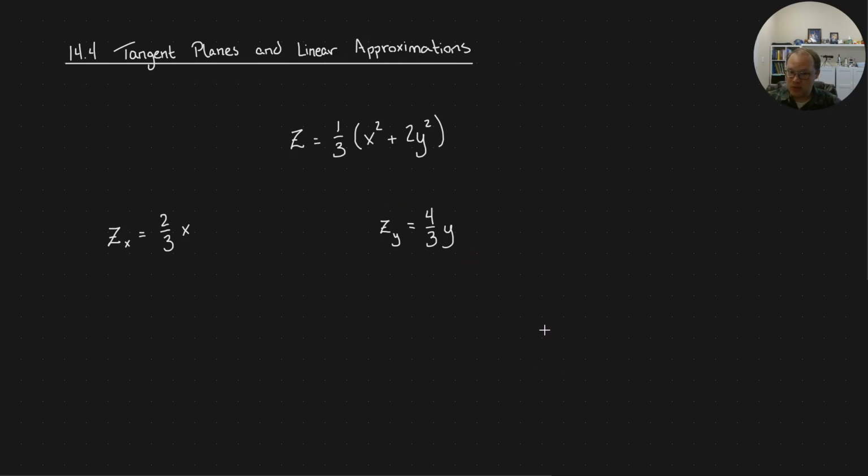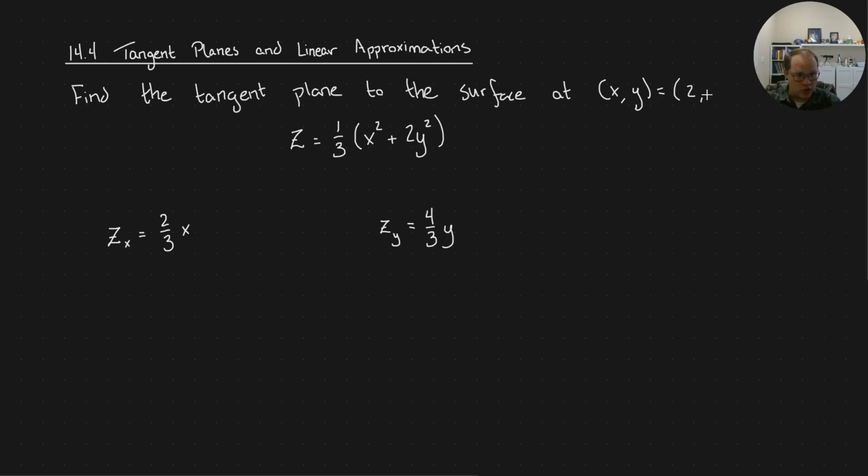I'm interested in the tangent behavior at a particular point, though, right? I want to find the tangent plane to the surface at (x, y) equals (2, 1).